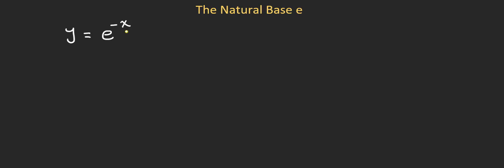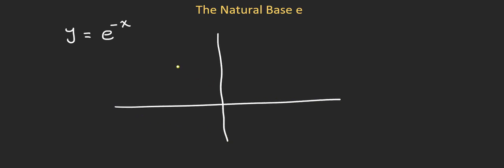What about y equals e to the negative x? How does this one look like? This is an exponential decay. So it's going to look something like that. As x gets bigger, it's going to approach the y value of 0.